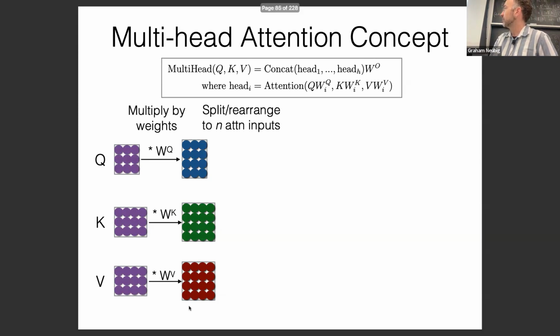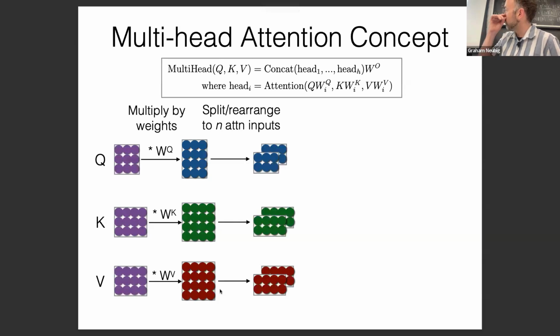But basically, what this results in is vectors, Q for the query, the key, and the values. And then what we do is we split these up into n attention inputs. Let's say we have two heads and our overall vector size is 4.